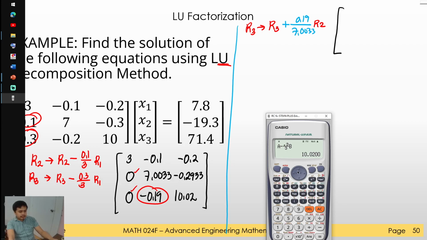Substitute the values again, and calculate negative 0.19 and 7.003. I think we did something wrong again. Where did we go wrong?